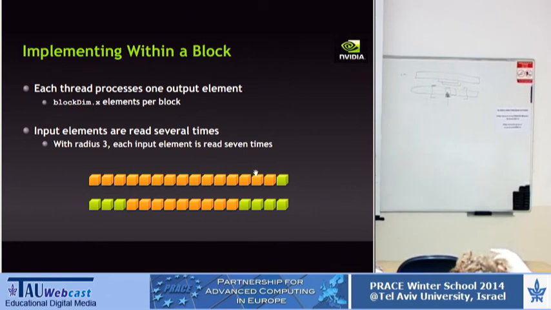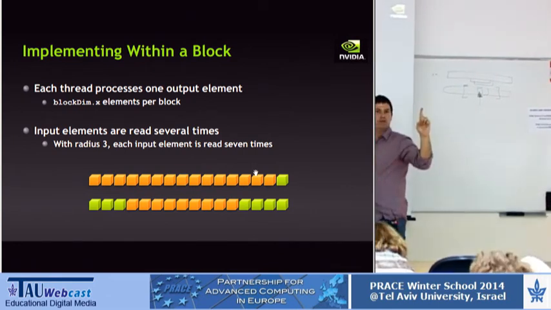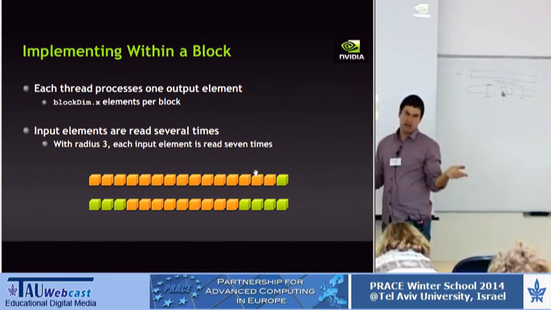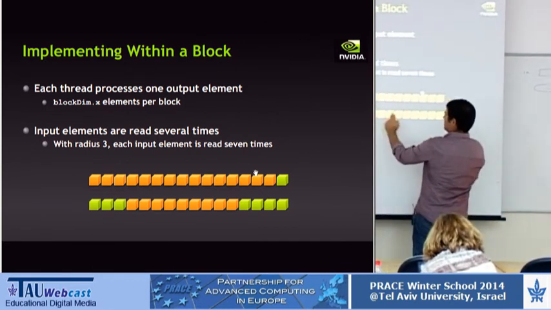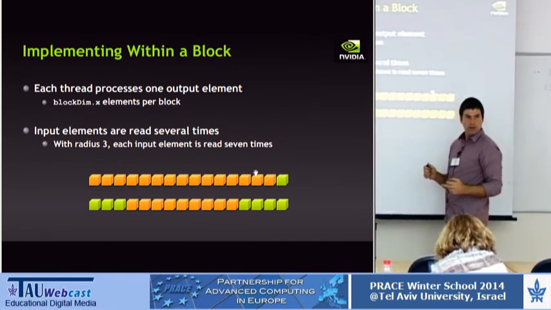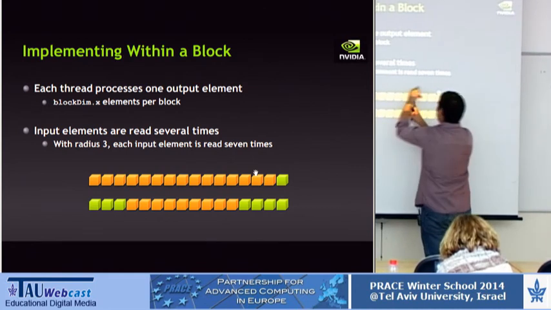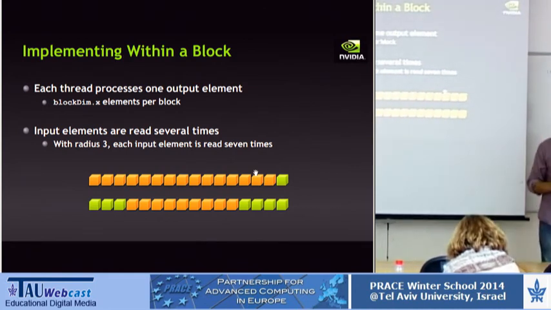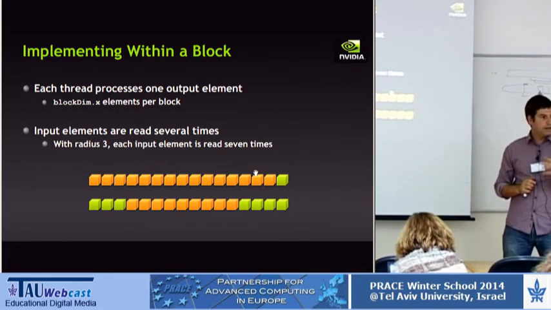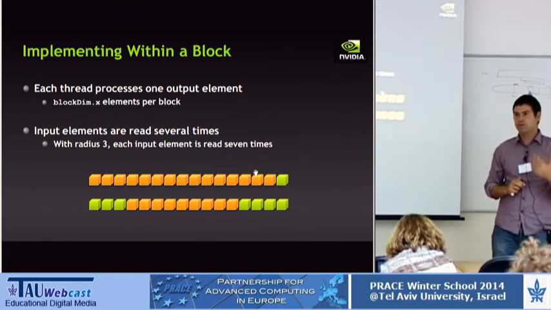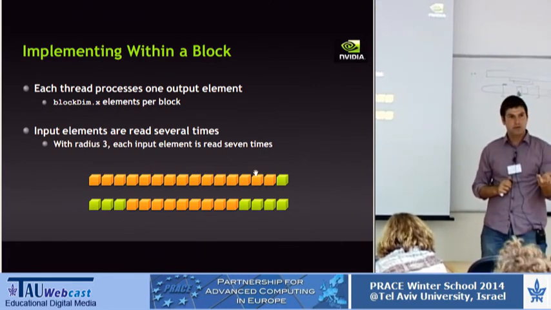In order to compute one output element, I need 7 input elements. But in order to compute 9 output elements, I only need 9 plus 3 plus 3. The waste is less. The only thing I need for that is for the threads to be able to communicate.